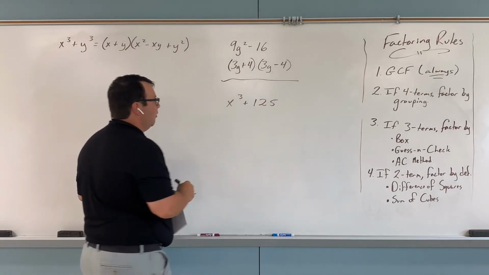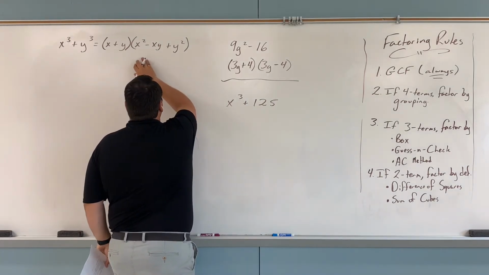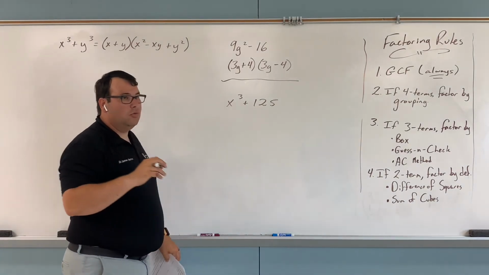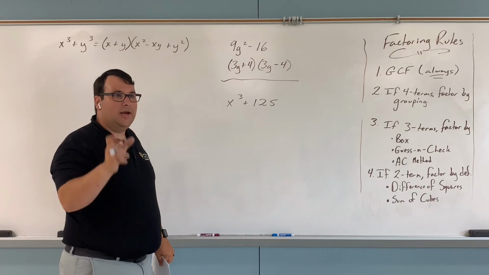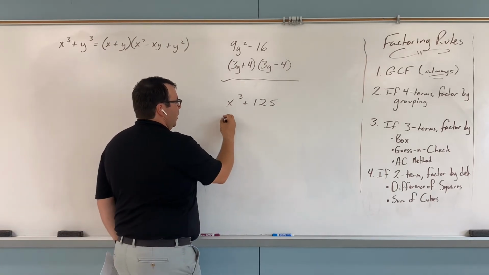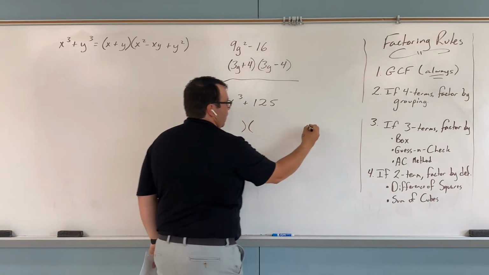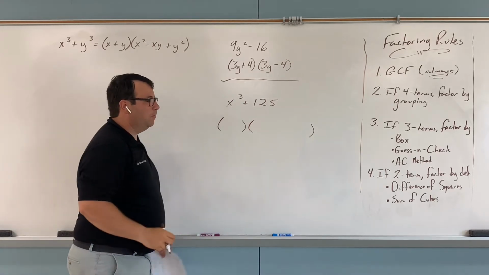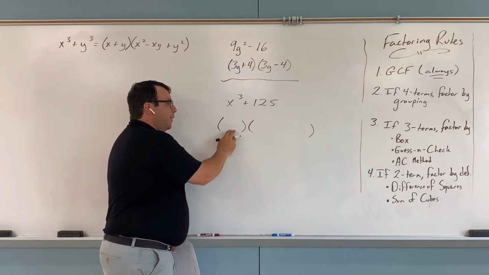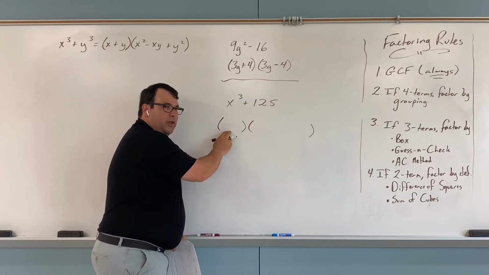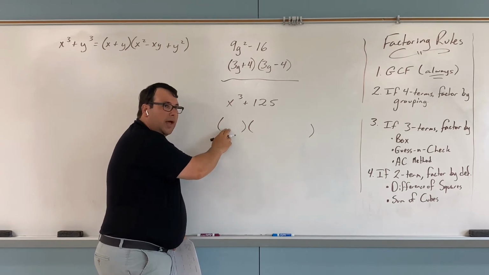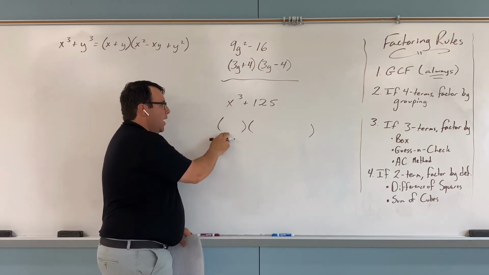Now, here's how it works. Understand that your definition will come out to a binomial and a trinomial. That being said, give yourself some room. The binomial is the one that you really have to figure out. That's the hard one. How do we get it?